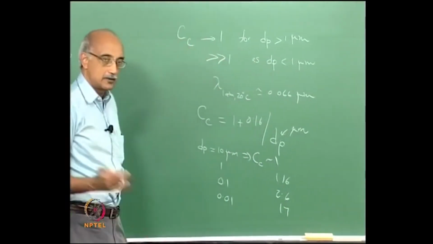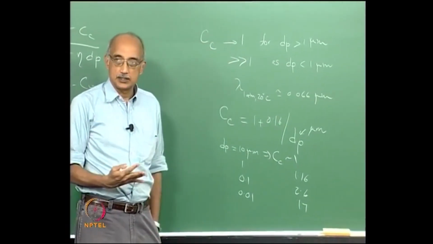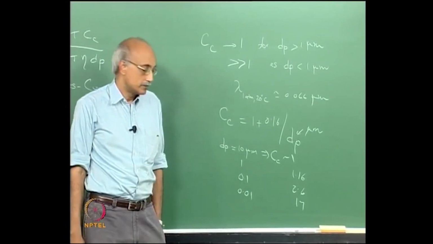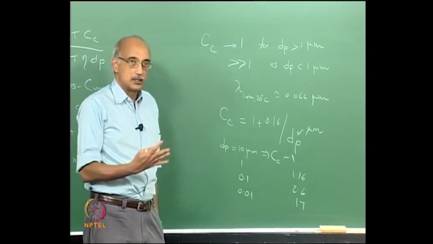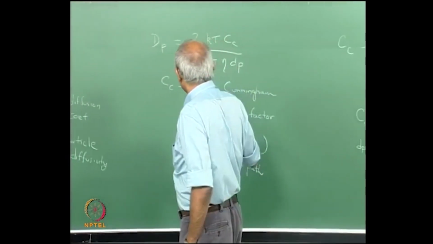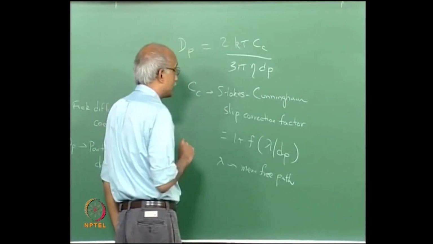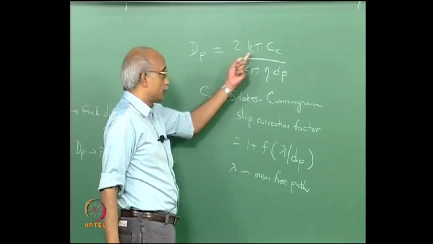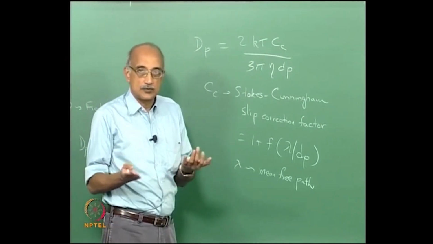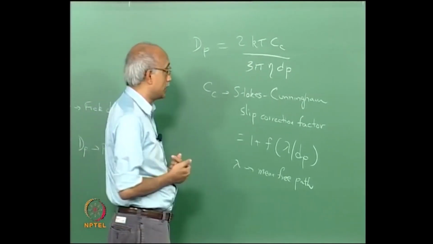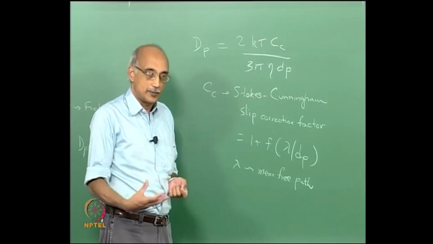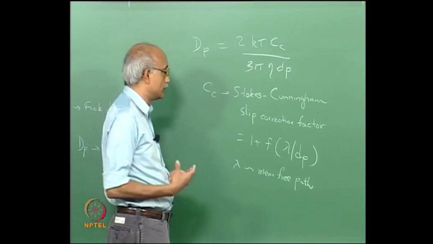So you can imagine that as the particle size drops, the slip correction factor begins to gain in significance, and the practical implication of that is, again, if you re-examine the diffusivity value, it is proportional to temperature, as you would expect. As temperature increases, diffusion is faster, everything moves around more quickly. Viscosity is in the denominator, diffusion happens faster in a less viscous fluid.